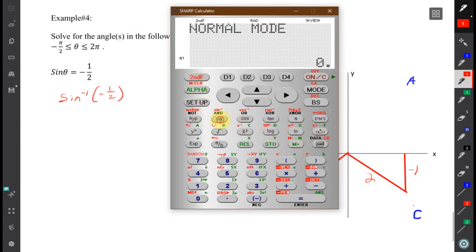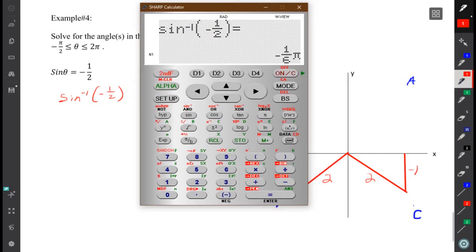Second function, sine of minus 1/2. And that gives us minus 0.52. And you may have noticed here, now here's an example, right? And this is what we have to watch for.